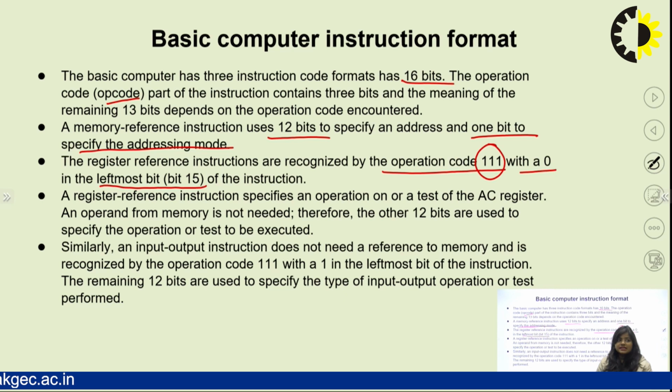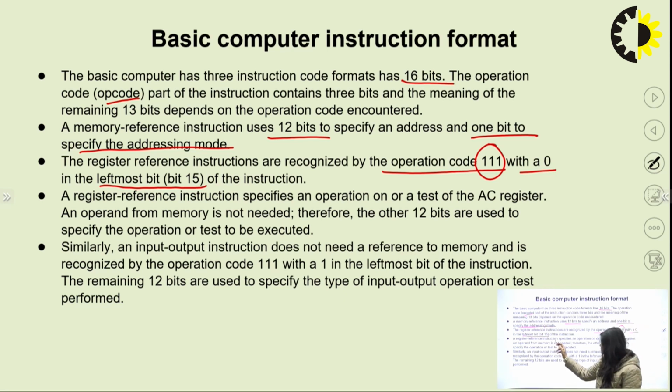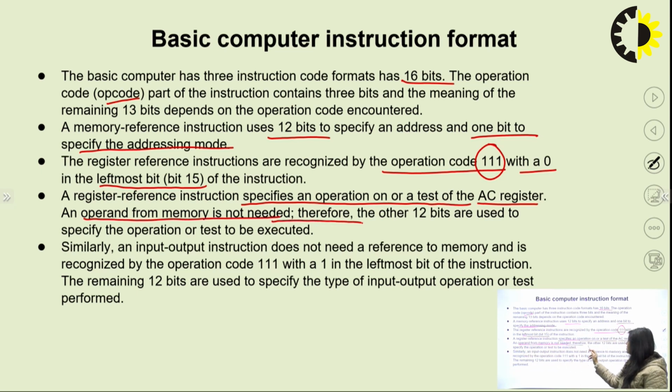Again, a register reference instruction performs an operation on data, basically the AC register. An operand from memory is not needed. Therefore, the other 12 bits are used to specify the operation or test to be executed.